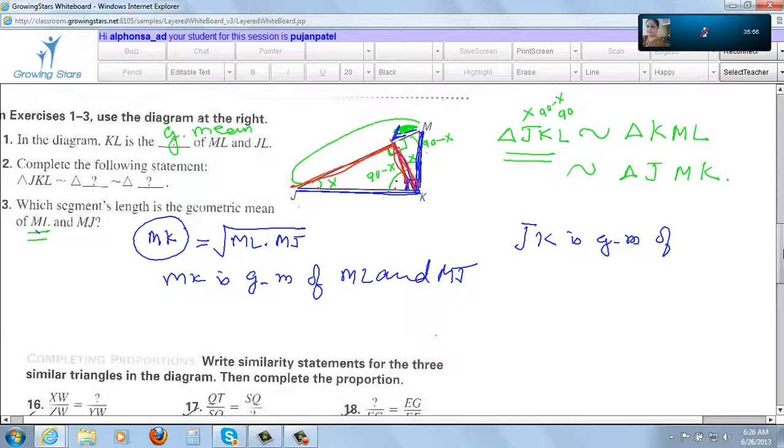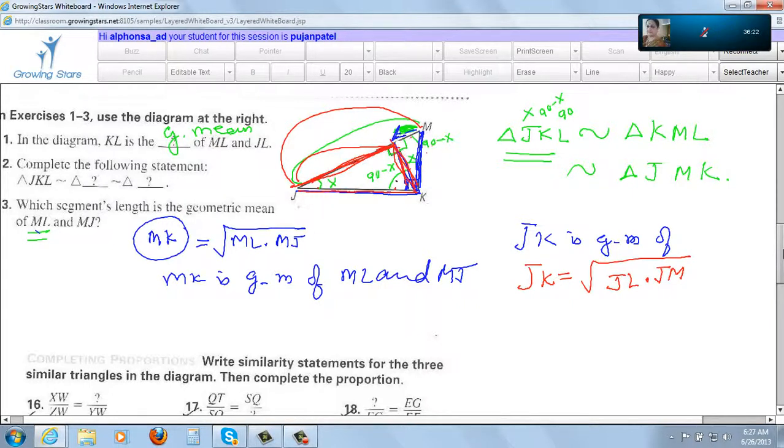JK is adjacent to JL, isn't it? It's JL and JM. Product of JL and JM. So JK is the root of JL times JM. So JK is the geometric mean of JL and JM.